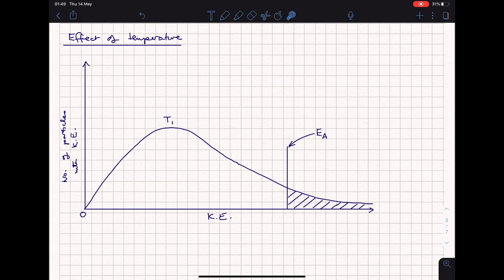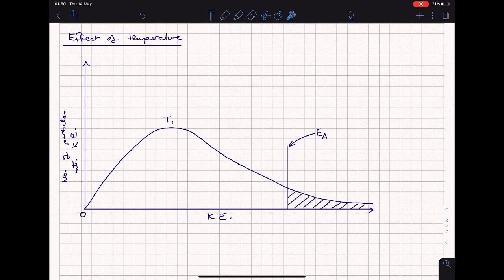Now the shape of the curve would change when you change the temperature, and that makes sense because if you raise the temperature, for example, more of the particles will have a higher energy. So would this peak be here or would it be here? Well, high energy is on this side. So the peak of the curve will shift towards the right hand side, towards high energy, with an increase in temperature.